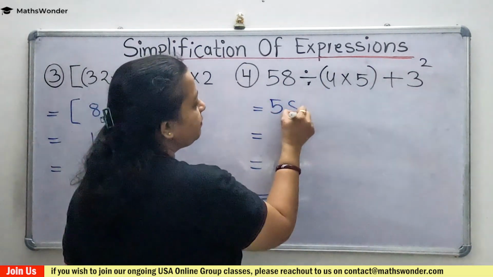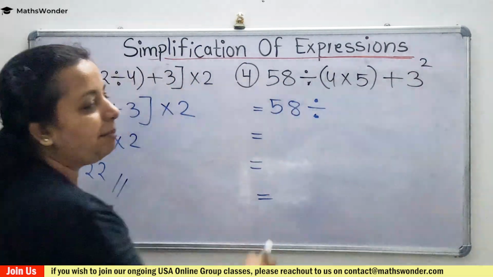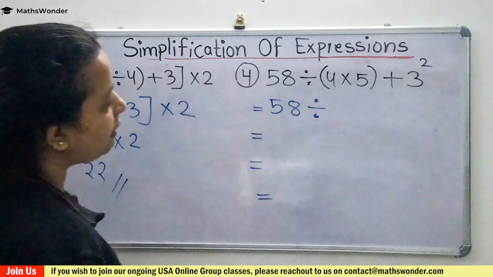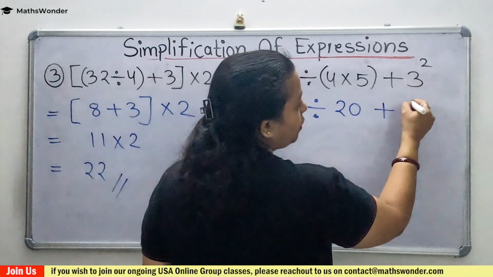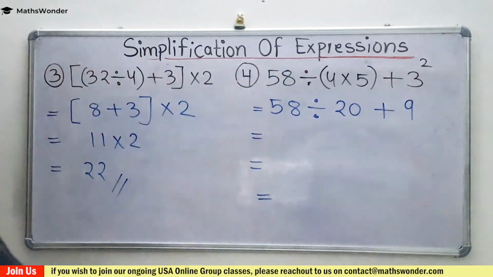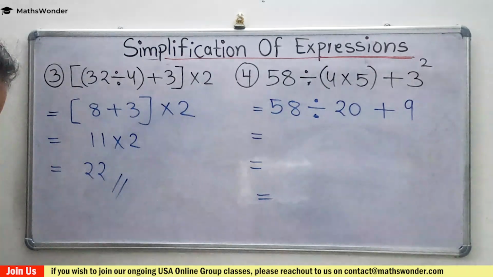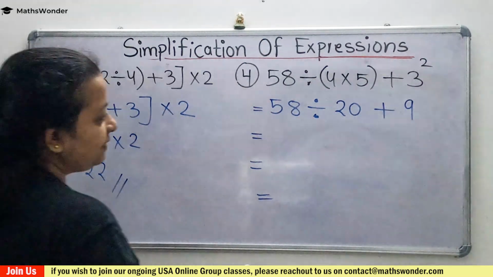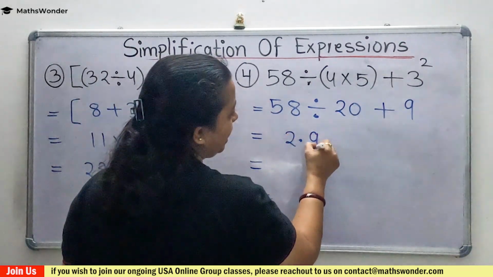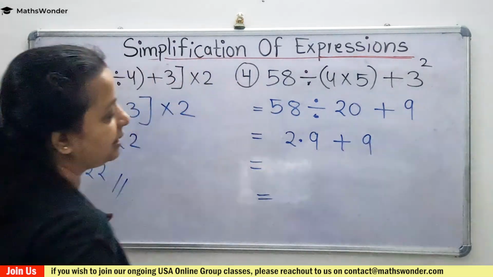Now the next one. First we will solve the parentheses. So 4 times 5 will be 20. And 3 square will be 9, as you know, the square. Now, what will be the next? You divide it. 58 divided by 20 will be 2.9, plus 9.